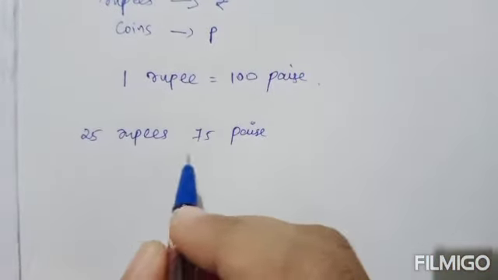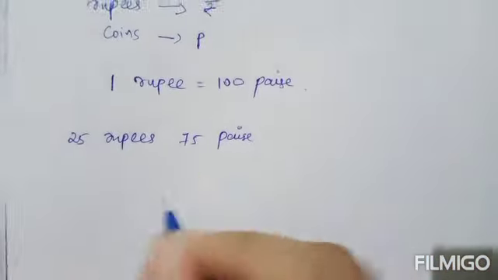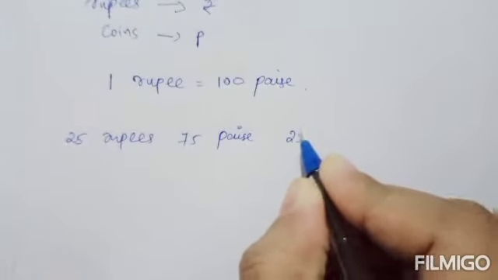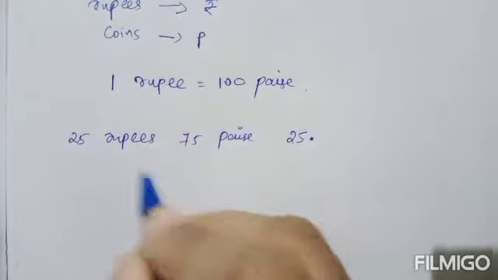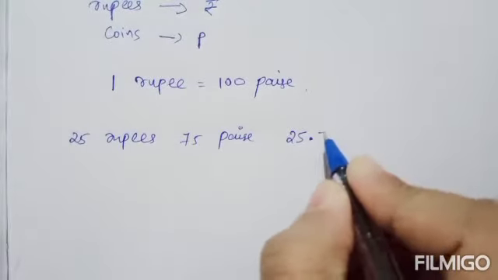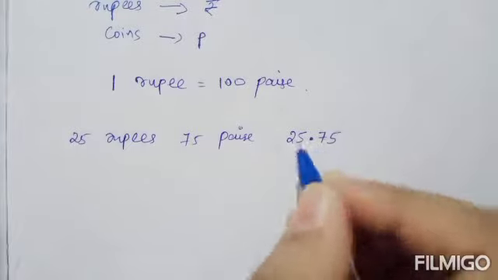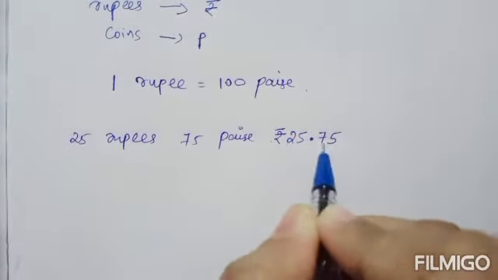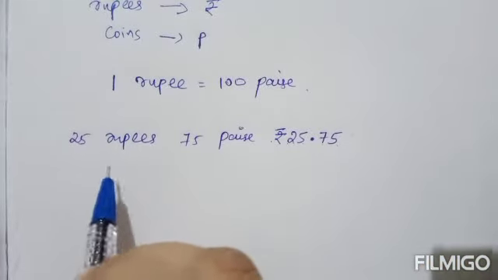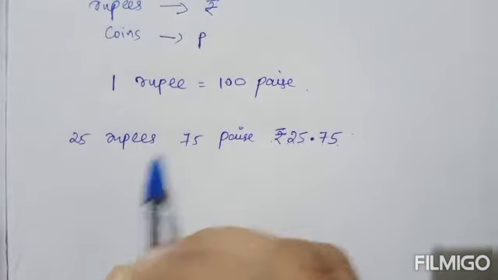Rupees you have to write before the decimal point, so 25 point. Paise you have to write after the decimal point, 0.75. Now the symbol you can use is the rupee symbol: rupees 25.75. In this way we can express money in figures.